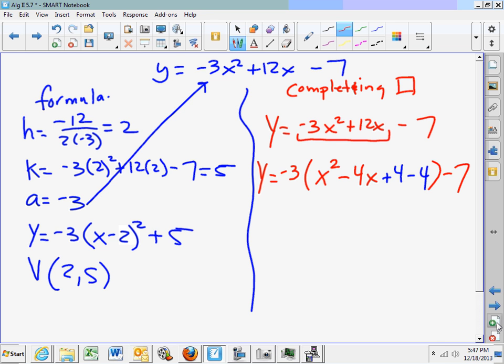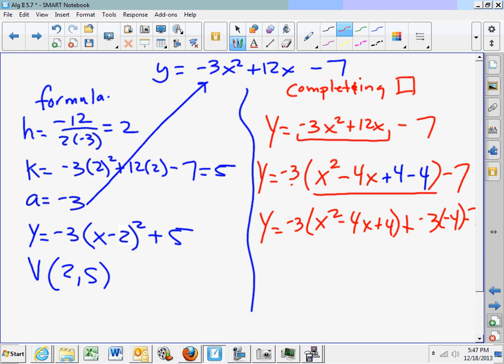Now, notice that all of these terms are being multiplied by -3 by the distributive property. So I have y equals -3 times the first three terms plus -3 times -4, and then I have -7 over here. There, that is a 7. I don't know if you can see it. Okay.